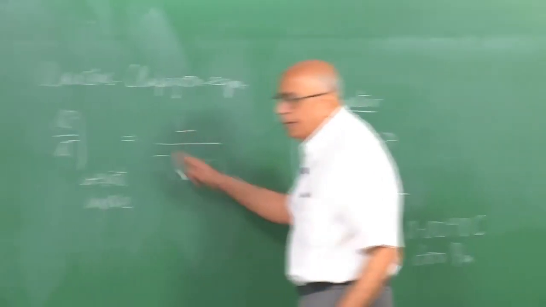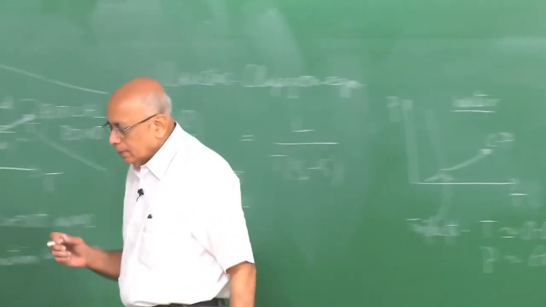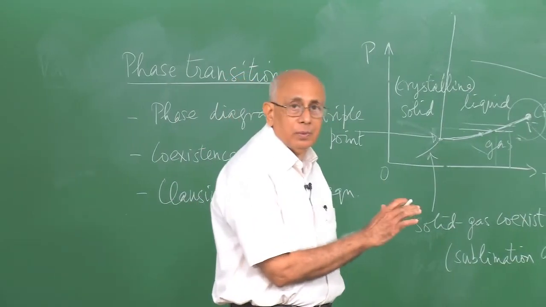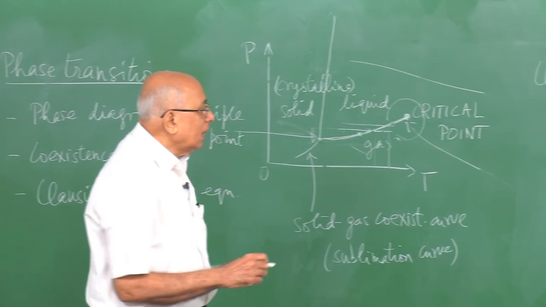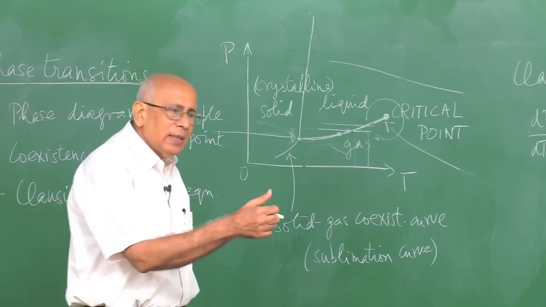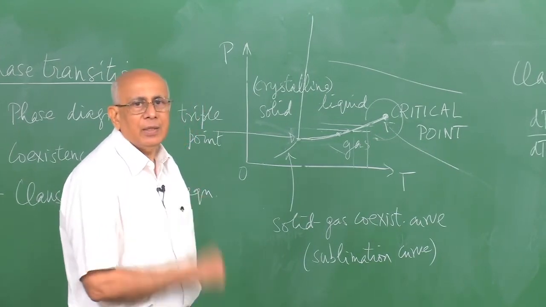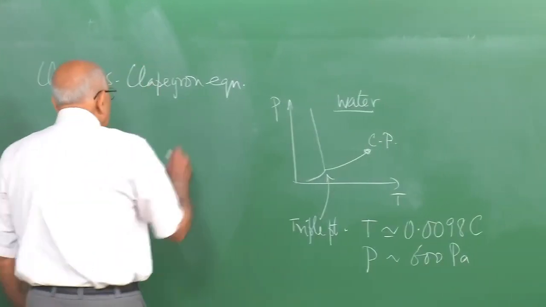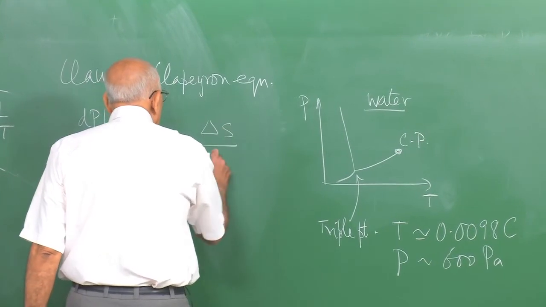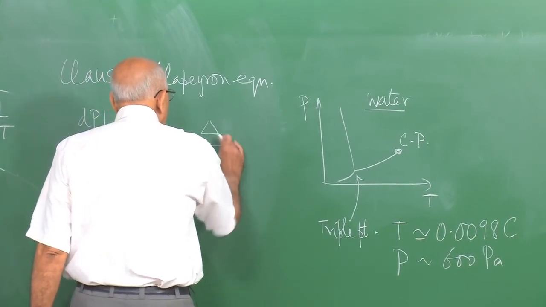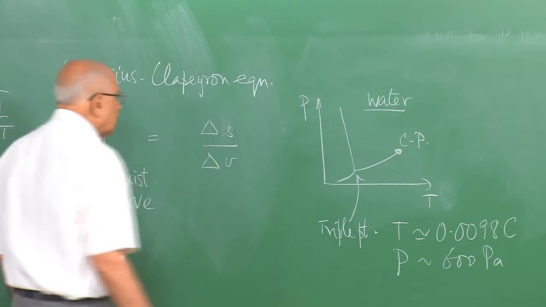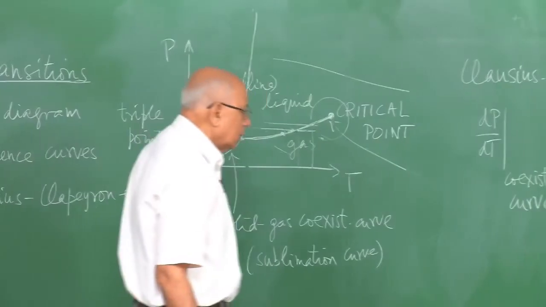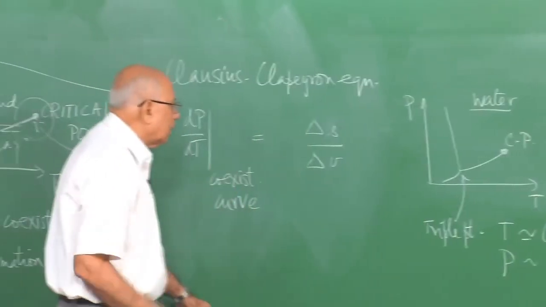Remember that this latent heat is the amount of heat supplied or removed at the transition point. So it is like delta Q, where Q is the heat and T is the corresponding temperature, but we know that delta Q over T is the change in the entropy. So the right way to write this equation is delta S divided by delta V. Specific entropy, entropy per particle if you like, specific volume per unit mass or unit particle, whatever.